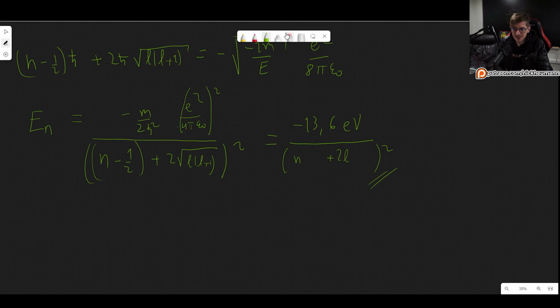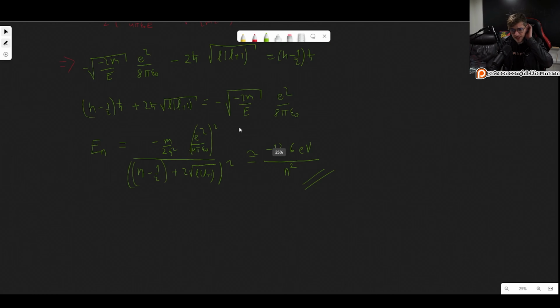So this is much, much smaller than n, so we can neglect it. So we end up with minus 13.6 electron volts divided by n squared, which is precisely what we found in the case of the Bohr levels, right? This, of course, being the ground state energy. So there we go. This is how to solve this problem.